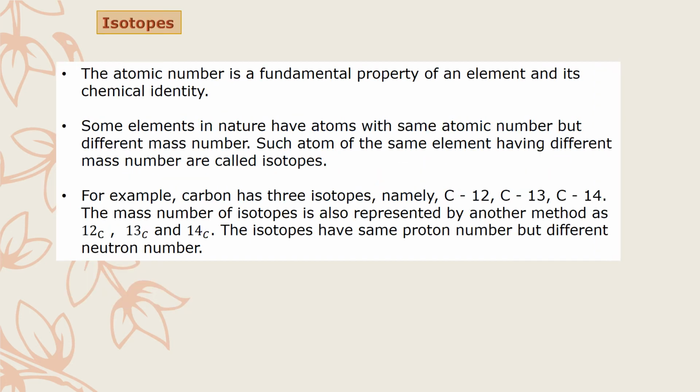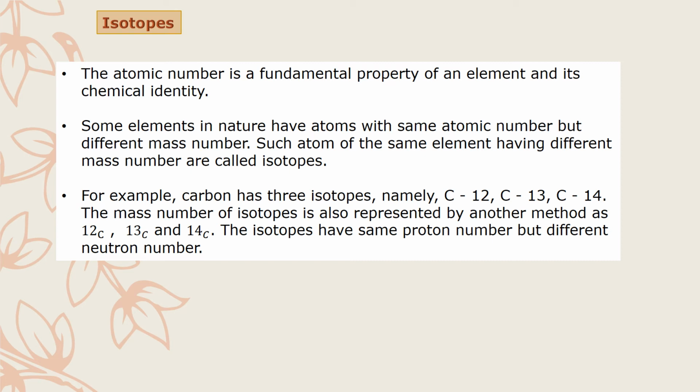Next important topic is isotopes. The atomic number is a fundamental property of an element and its chemical identity. Some elements in nature have atoms with the same atomic number but different mass number. Such atoms of the same element having different mass numbers are called isotopes.